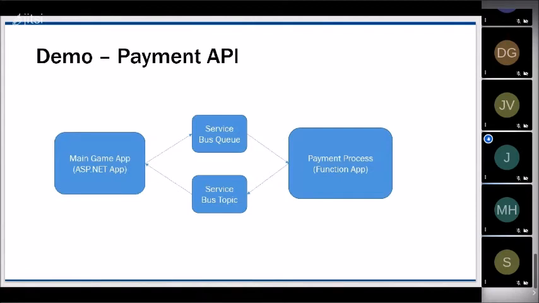And so we have our main game application, which is going to be a standard .NET application. The user is going to come in and buy their coins. That's going to kick off a request to the service bus queue that is going to take a few seconds because it's got to hit a payment gateway. Then that queue is going to get processed by a function app.